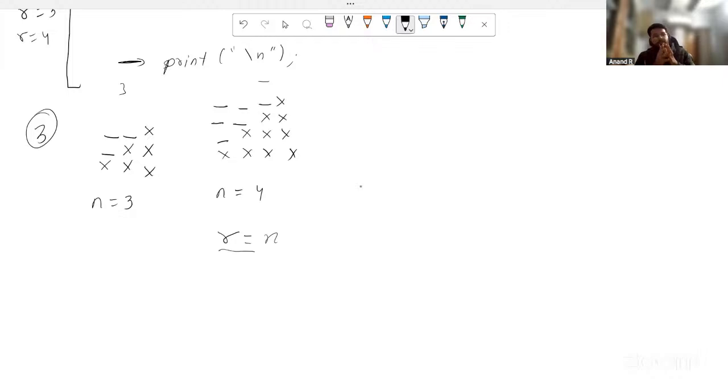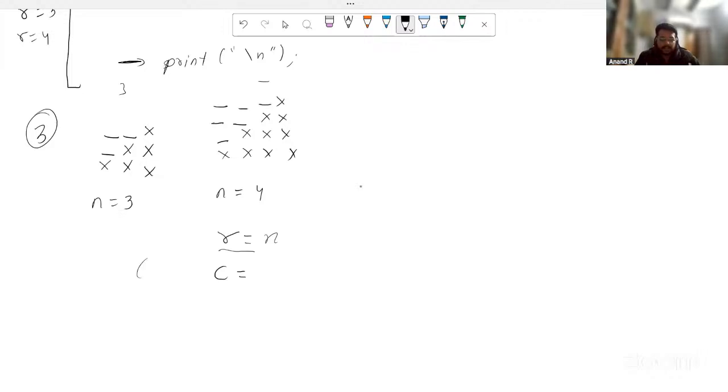Now, whatever you're printing inside a row, can I say that I can split it into two parts? The first part is space and the second part is star. So I'll denote star by C. What is the relationship between the number of stars in each row with the value of n or with the value of r? C is equal to what?